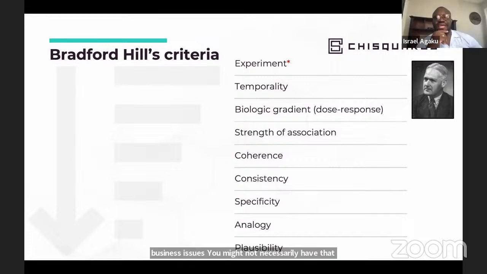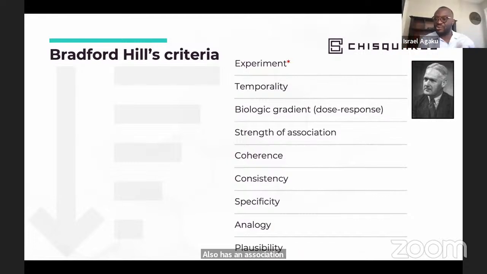Analogy is saying that the relationship between A and Y should be this way because there's another relationship that is similar to them that is also true, right? So if I'm trying to measure the relationship between quitting smoking and weight gain, I can say I expect that to be a strong positive relationship because I know that other studies have shown that lowered metabolism also has an association with increased weight.